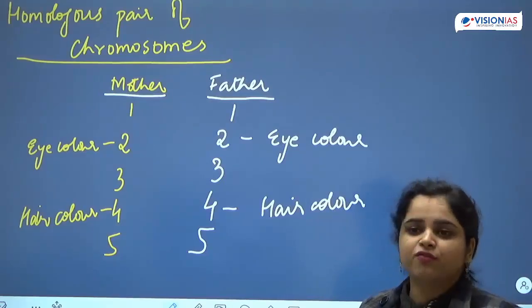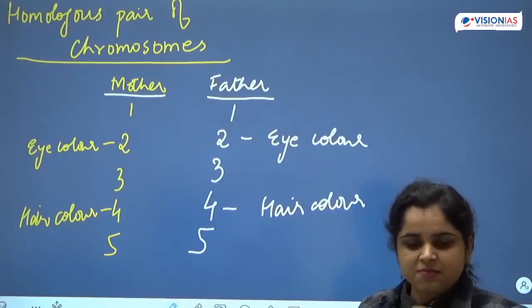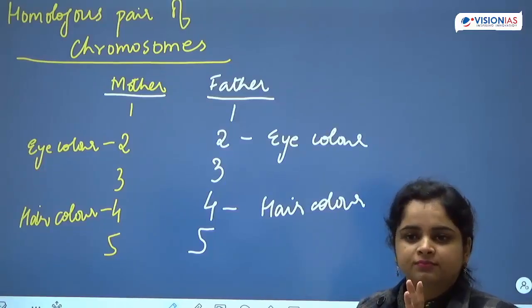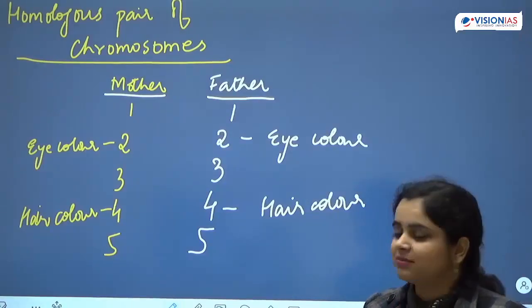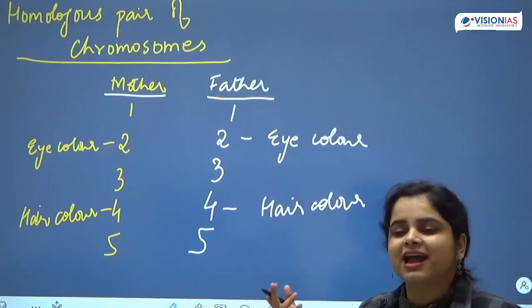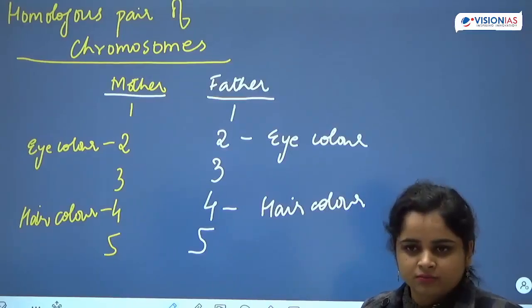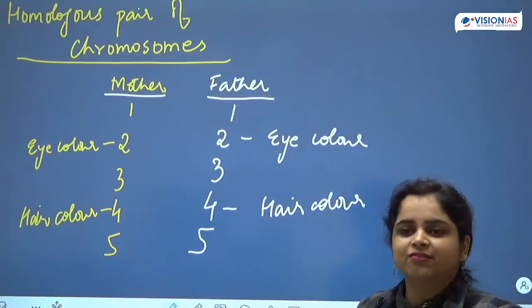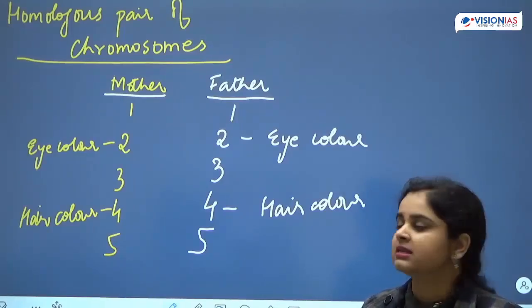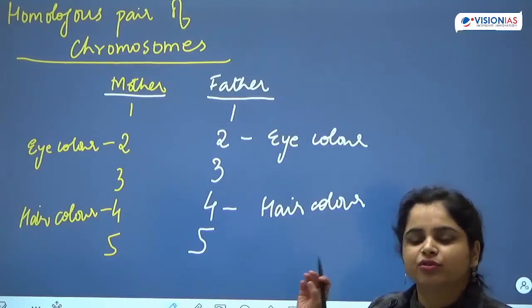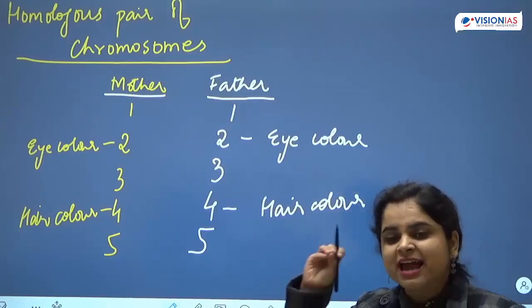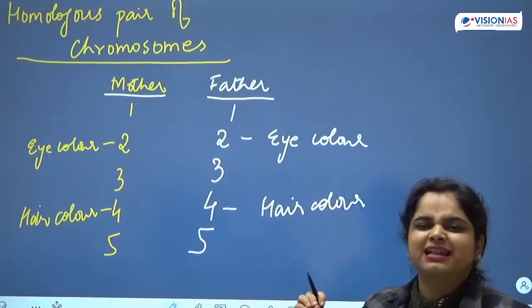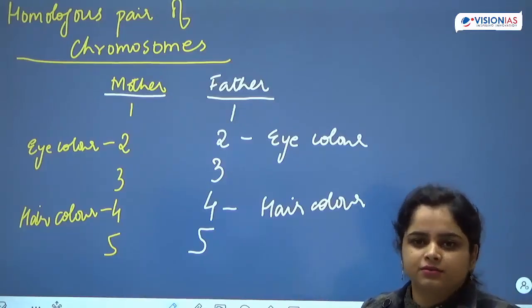Homologous pairs of chromosomes: similar shape, similar size, similar genes. Similar, but the characteristic can be different. Which will ultimately be reflected, we will study how inheritance takes place. But the point you have to take away is that every character, every gene in your body is expressed in pair.